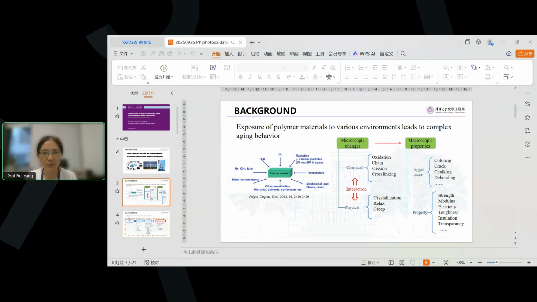But when we detect the aged sample, we find that a lot of small molecules were detected among the volatile degradation products. And in PP without antioxidant, the volatile products have a high concentration.